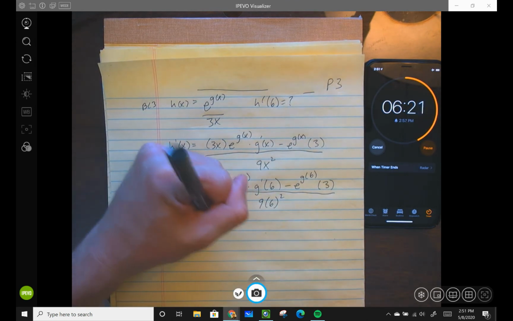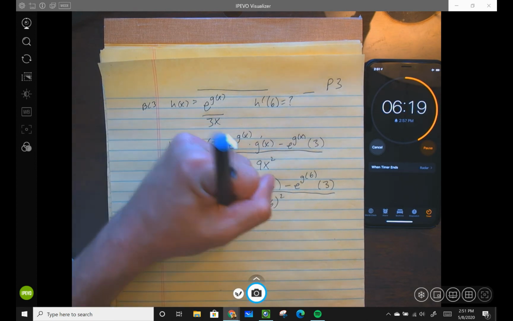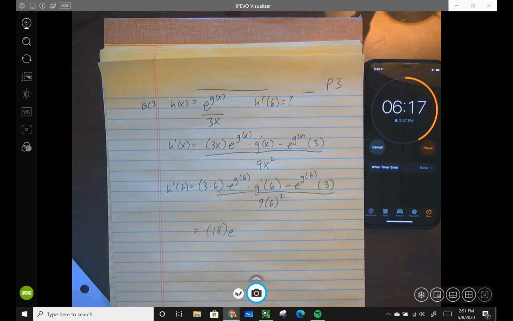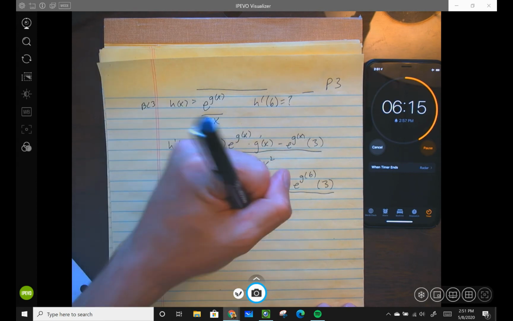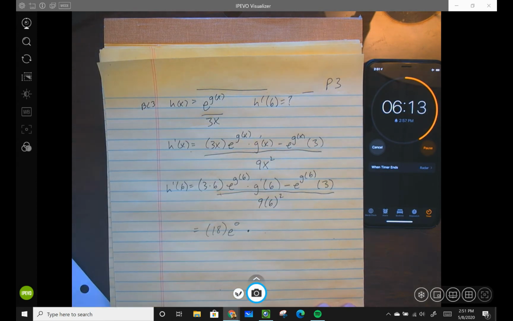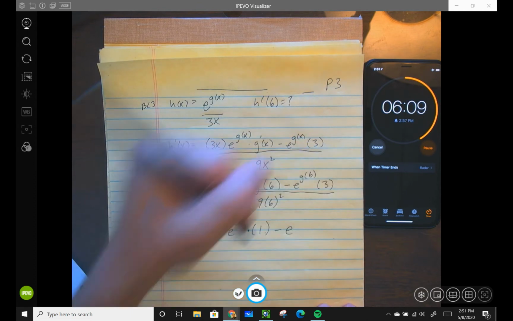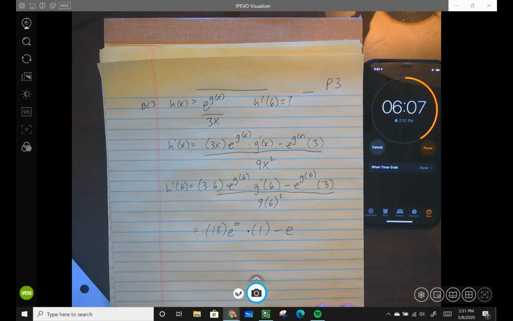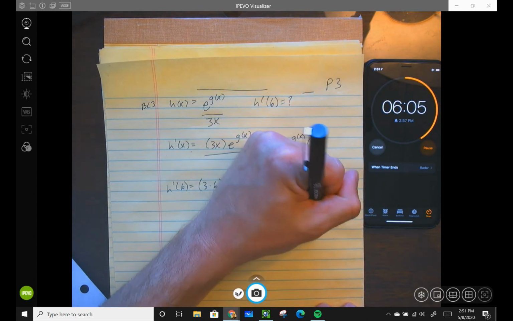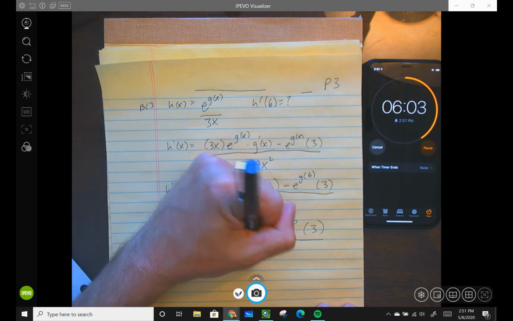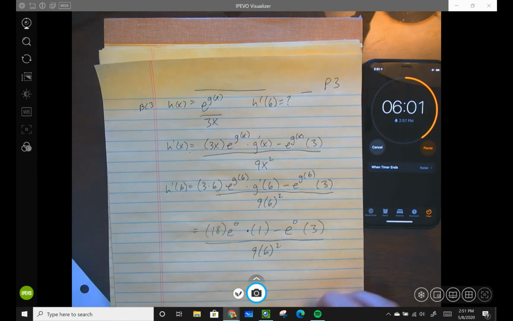So this is now, you know what, I'm going to write 18, whatever. e to the g of 6, g of 6 is 0, so e to the 0. I don't have to simplify that. g prime of 6 is 1 minus e to the g of 6, which is, again, 0, times 3 all over 9 times 6 squared. Okay, moving on.